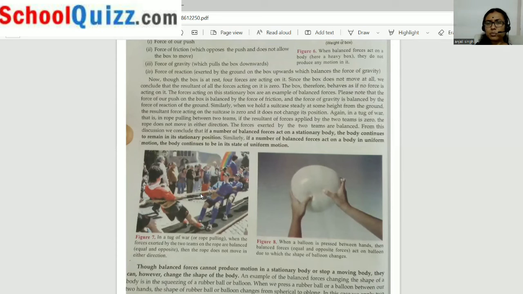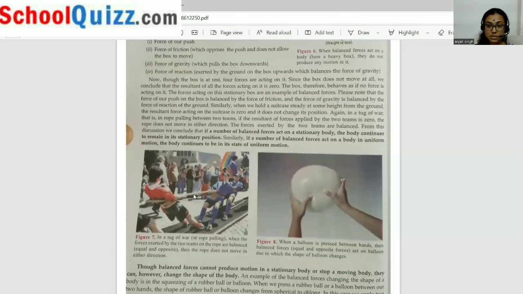They both are pulling, which means equal forces are acting. But after some time, if this team applies more force, the rope will go to that side. Or if the other team applies more force, the rope will go that side. So this is an example of balanced force.